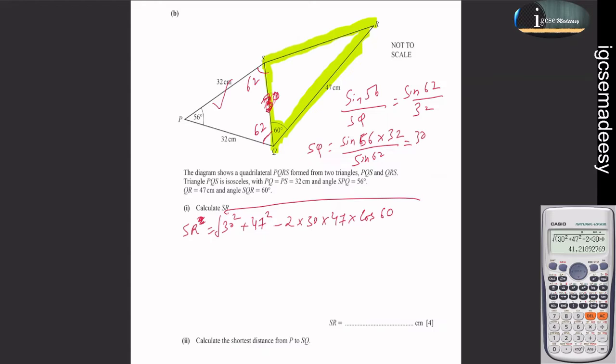Then we got the answer as 41.21. So 41.2 is the answer for SR, the length of SR. 41.2 you can also write.